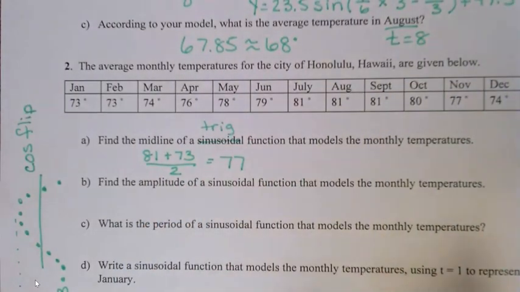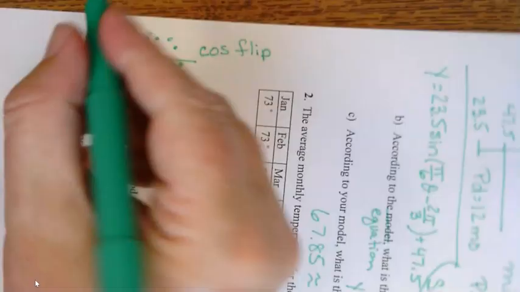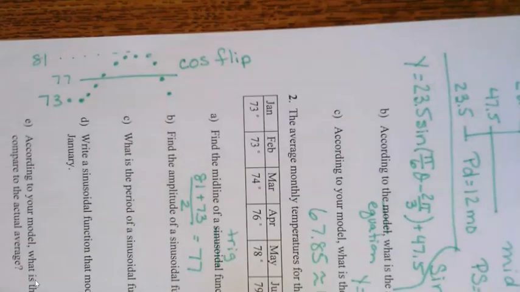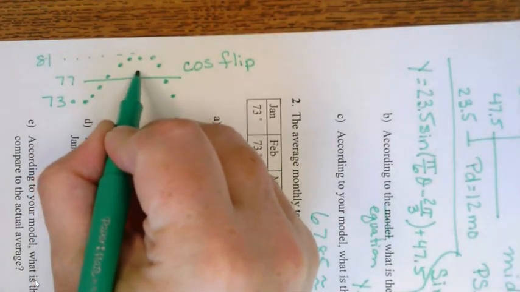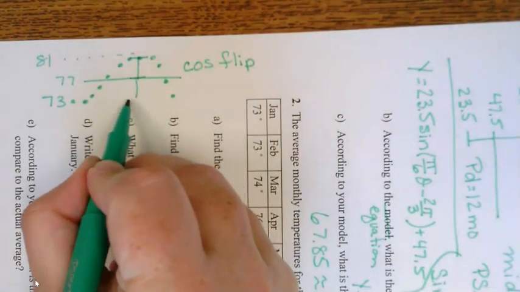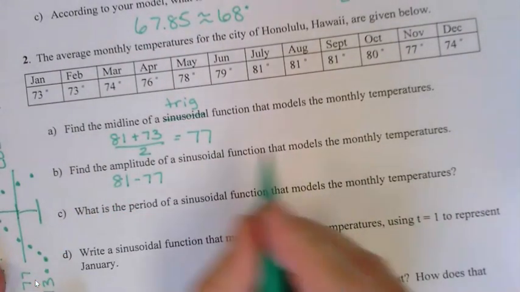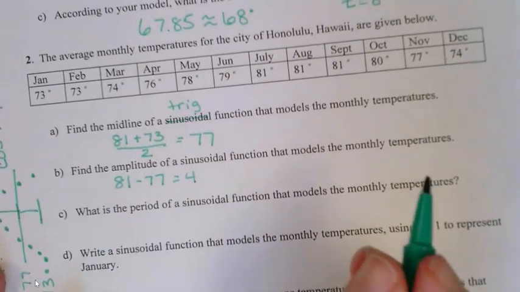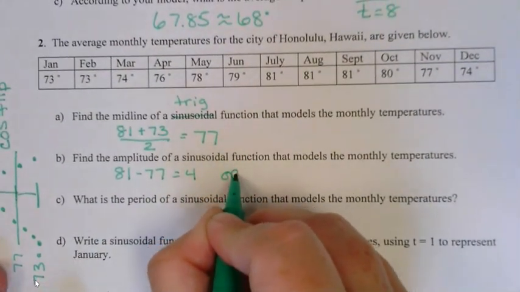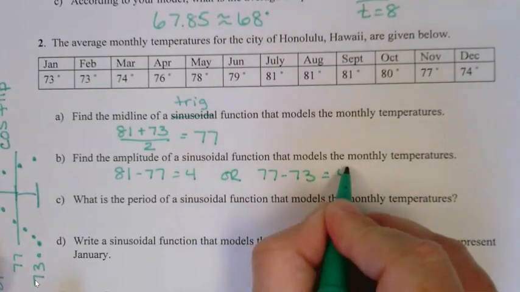So if you're seeing that and thinking we're in cosine, not sinusoidal, that's just a fancy word. Okay, so we know this is 77. Now I need to know how high up 81 is from 77, or how low 73 is. So you can do 81 minus 77, which equals 4. Or you can do 77 minus 73, which is 4.